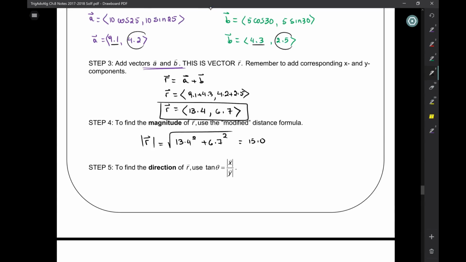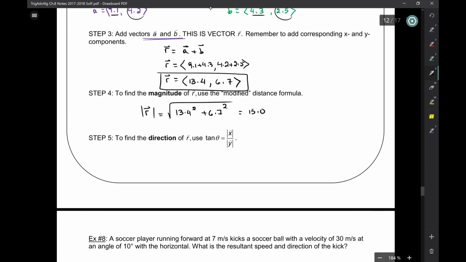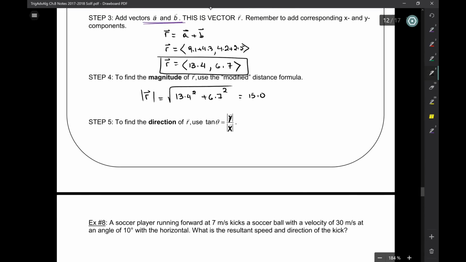And then to find the direction, I copied and pasted. So it's going to be tangent is y over x. Let's fix that. Tangent of theta is 6.7 over 13.4.